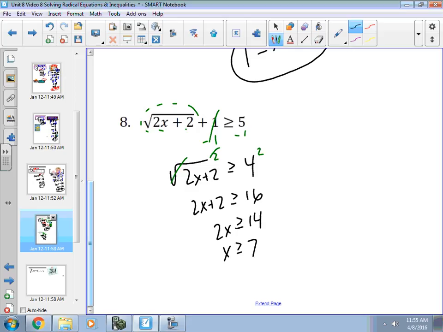Okay, domain on this one is that we need whatever's under that square root to stay bigger than or equal to 0. So if we solve this, minus 2, divide by 2, looks like x has to stay bigger than or equal to negative 1. Well, should we put these together for our answer?